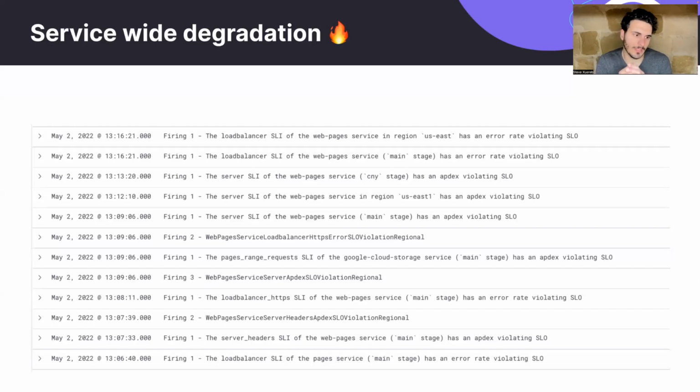An example here, we can see in 10 minutes, there were 10 alerts that fired because the whole service was down. That means the on-call got paged 10 times in 10 minutes, which is not a really good experience for the on-call when they're trying to solve a problem, right? It's already a stressful situation, and they keep getting paged for the same issue multiple times and they keep getting distracted.